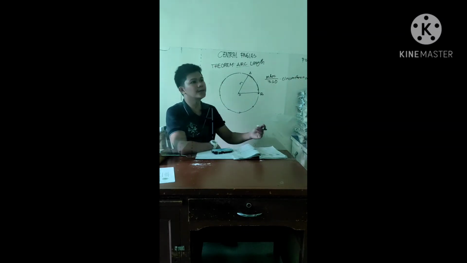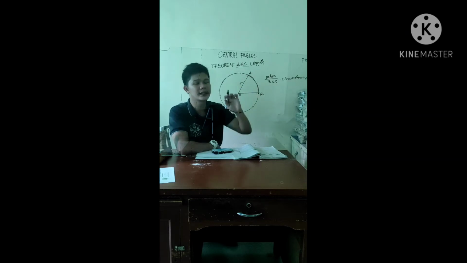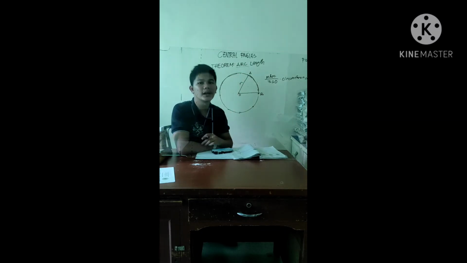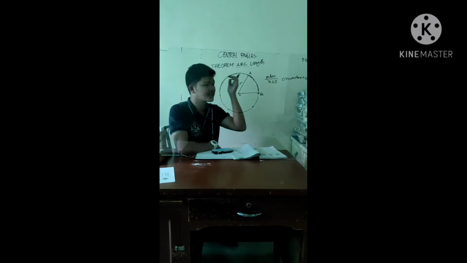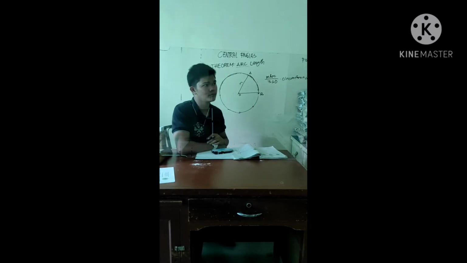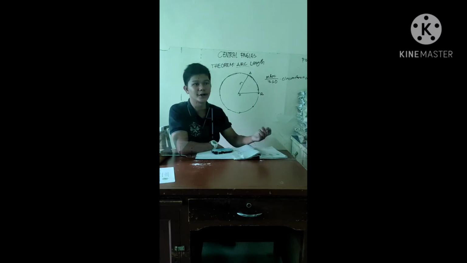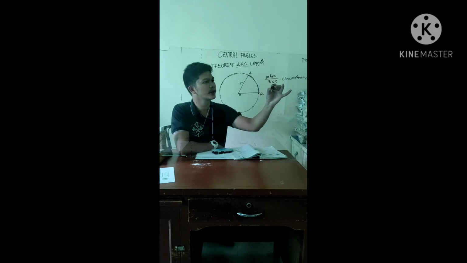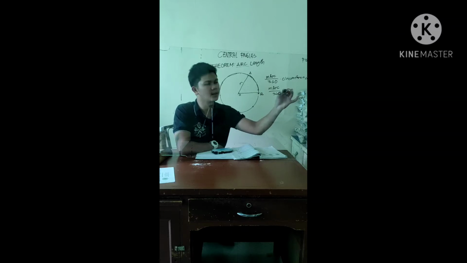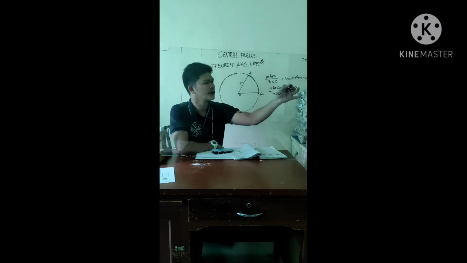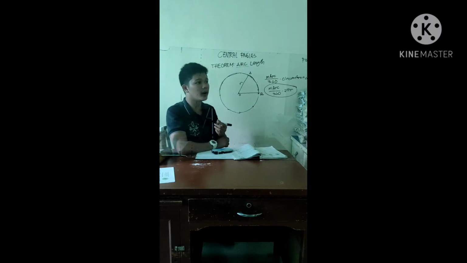So, pag sinabi nating circumference, yung measurement ng ating layer or outer layer ng ating circle. Okay? Itong line na to, yan yung tinatawag nating circumference. So, si circumference, that is also equal to 2 pi r. Okay? So, that is the formula for the circumference. So, the measure of your arc divided by 360 times 2 pi r. Okay? So, ito yung formula para makuha yung ating arc length.